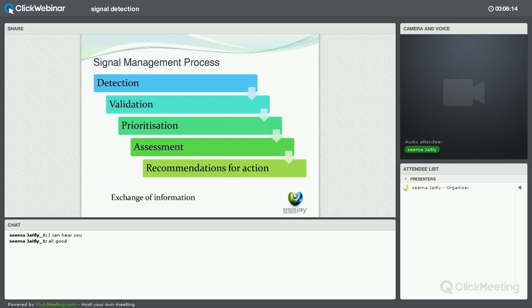Now, I just wanted to look at the overall process as a whole, and this is well documented within GVP Module 9. You look at your signal detection activities, your validation, prioritization, assessment, and then recommendations for action. You need to consider exchange of information all the way through this process, through these different steps.